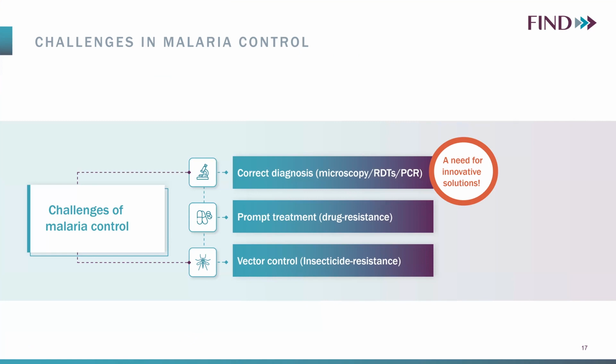WHO has identified three pillars for management and control of malaria: correct diagnosis, providing proper treatments, and also vector control. But these have hurdles and challenges.